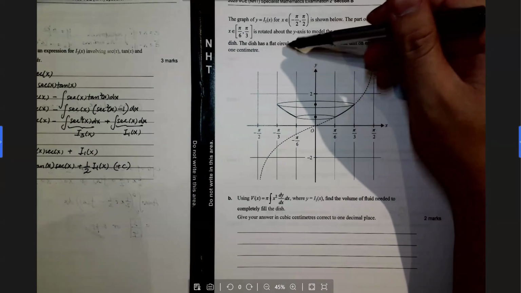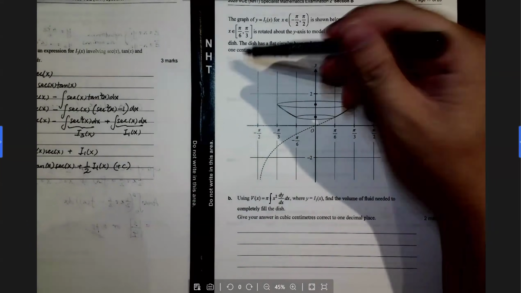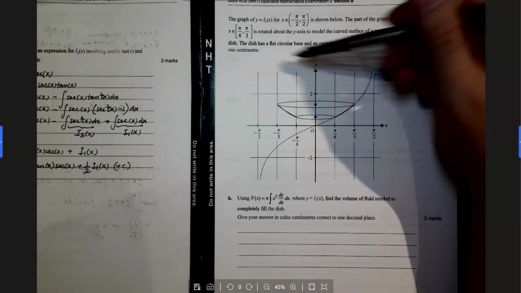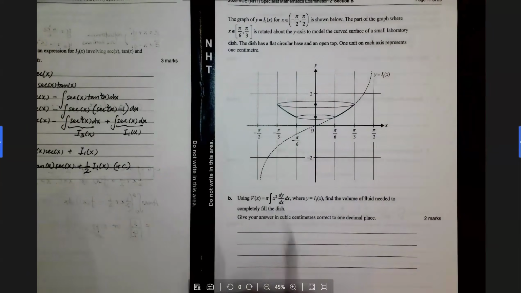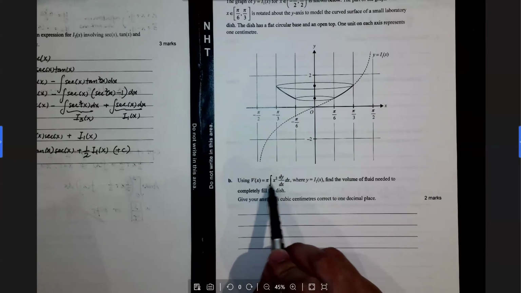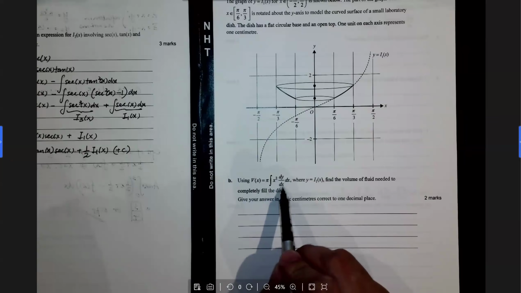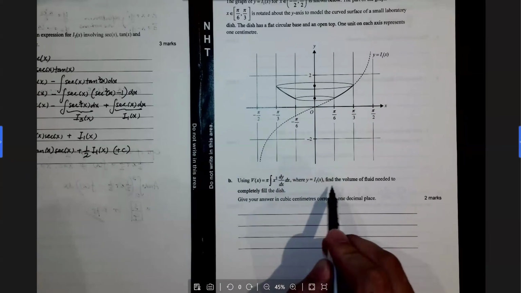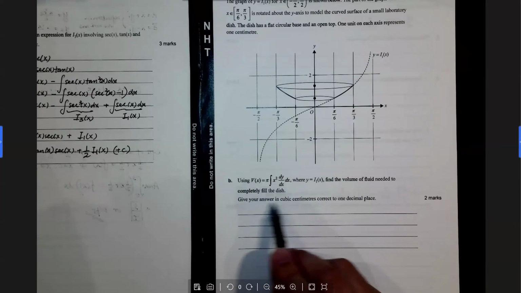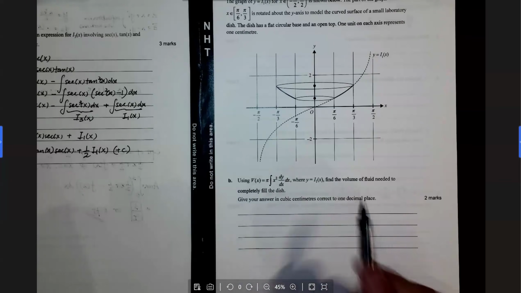The dish has a flat circular base and an open top. One unit on each axis represents 1 centimeter, so the derived unit for volume should be centimeter cubed. Use V equals pi integral x squared dy dx. Find the volume of the fluid needed to completely fill the dish. Give your answer in cubic centimeters correct to 1 decimal place.